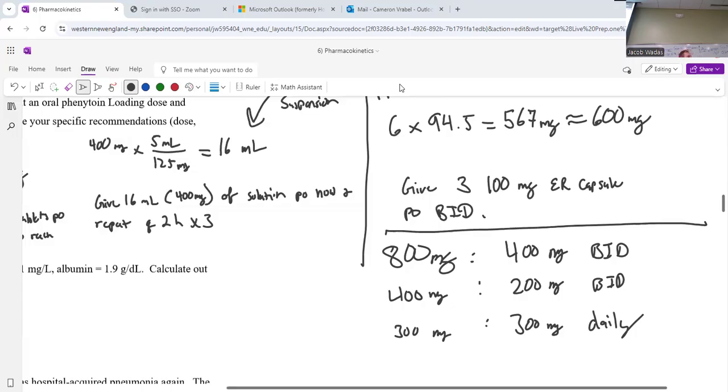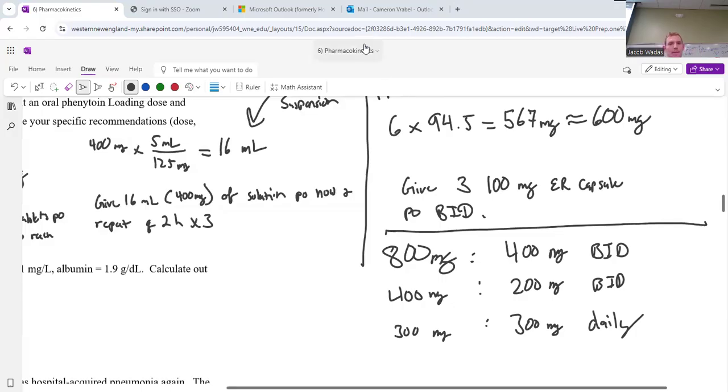I would really recheck your math if you get something like that, just to be safe, because we haven't gotten an example like that. I think the highest we've gotten is 600. Yeah, we got 800 for one, which is when he did 400, right? 400 BID.